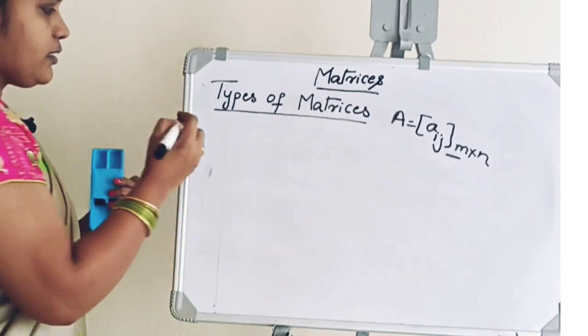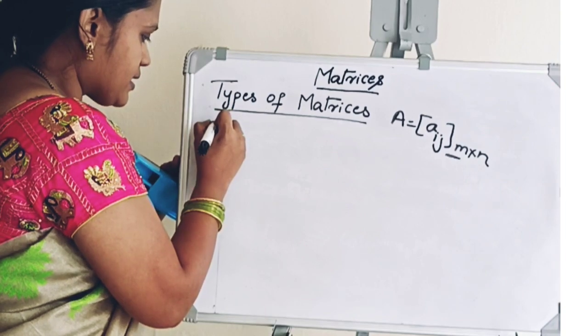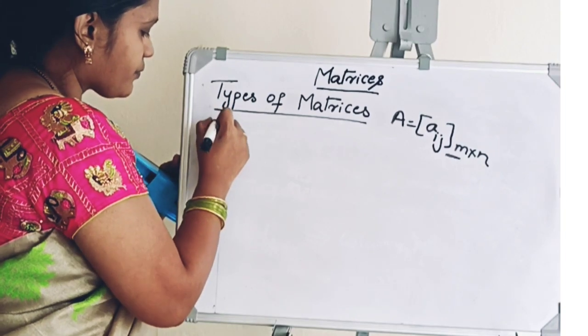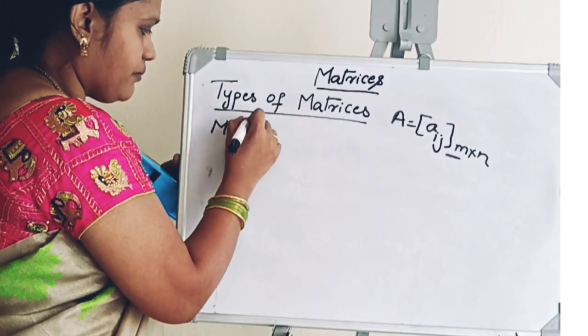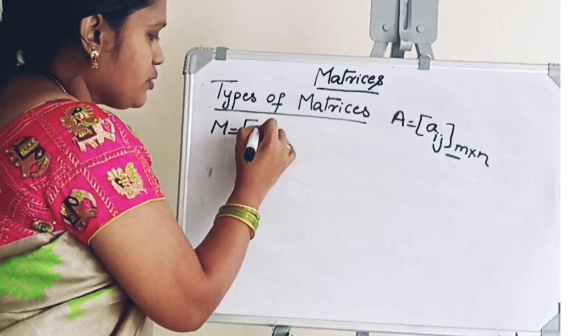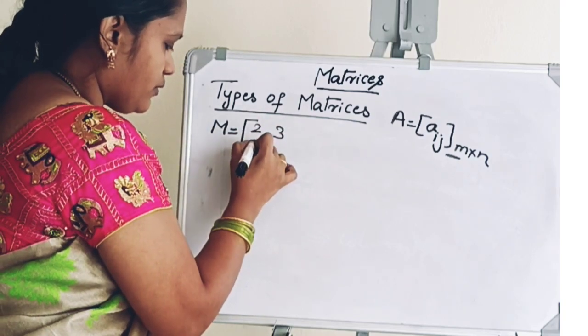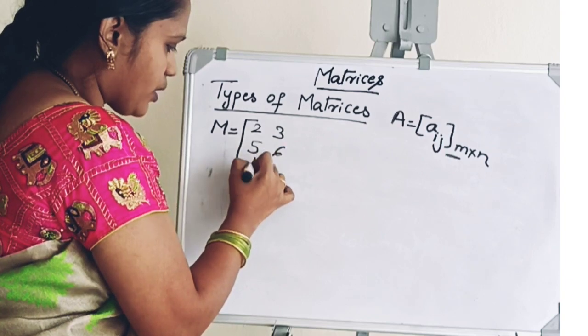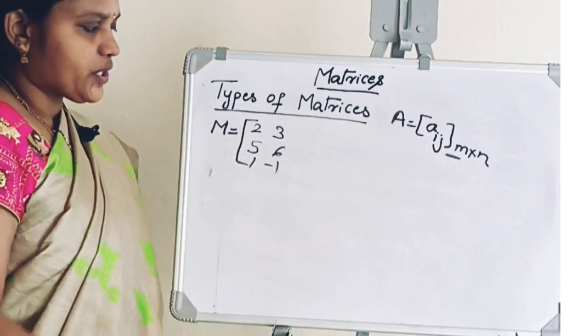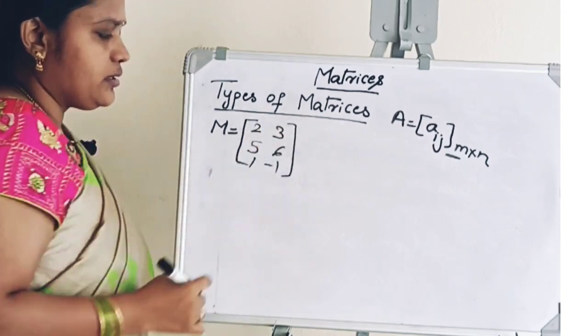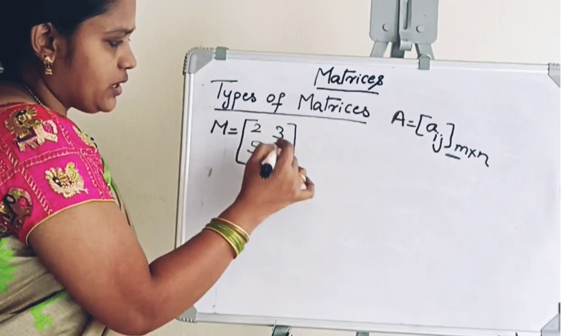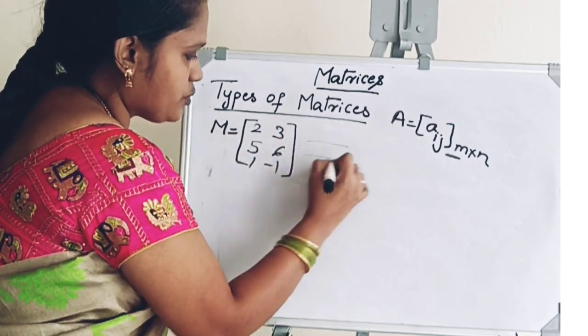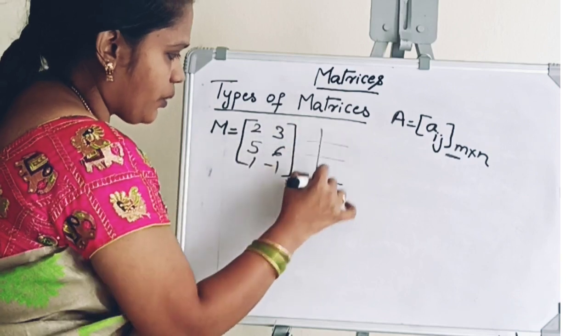Now let's see. Consider this matrix, say M, which is equal to 2, 3, 5, 6, 1 and minus 1. Right? Here there are 1, 2, 3 and 1, 2.